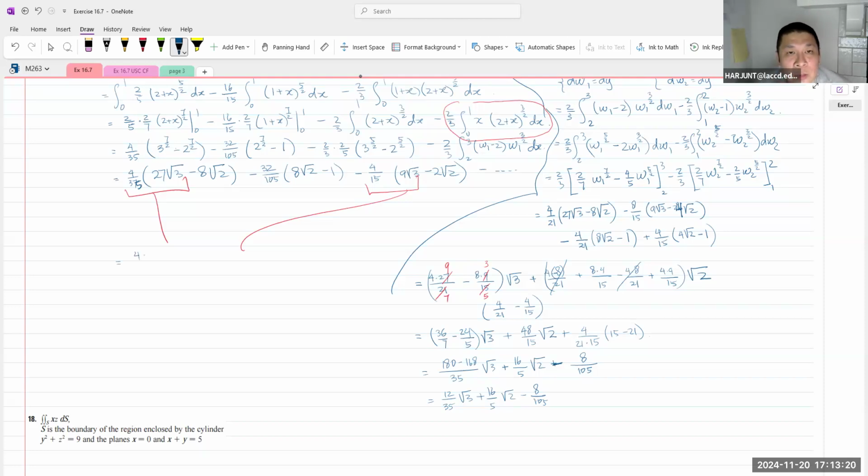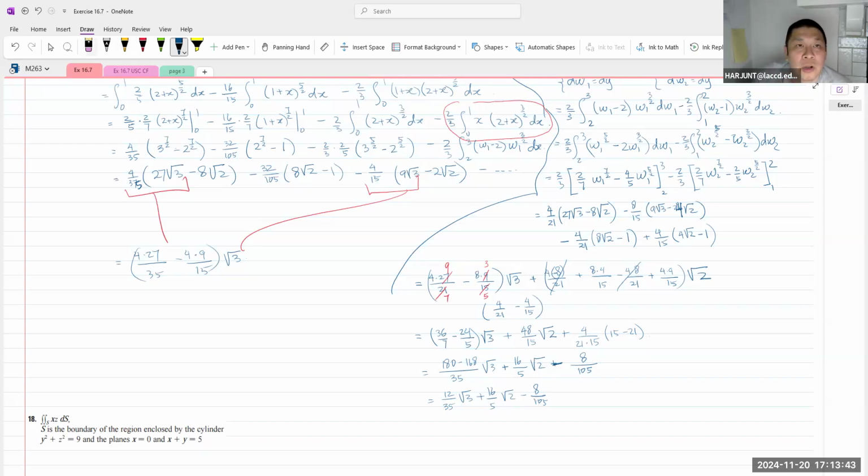So this is 4 times 27 over 35 radical 3, and then minus 4 times 9 over 15 with radical 3. Yeah, will we get something like that?